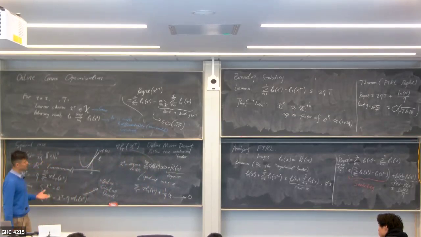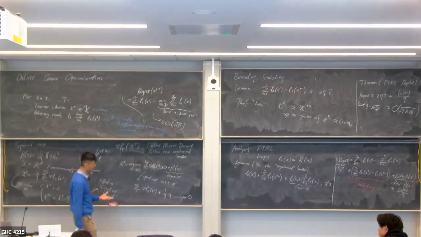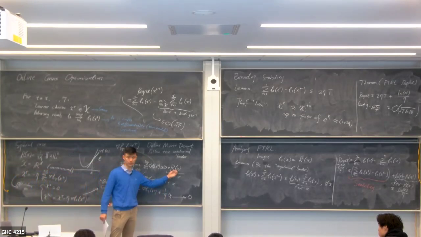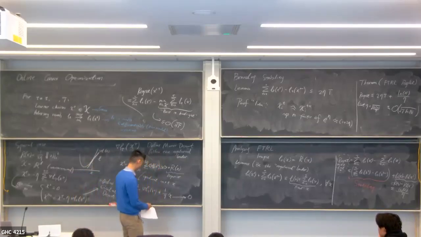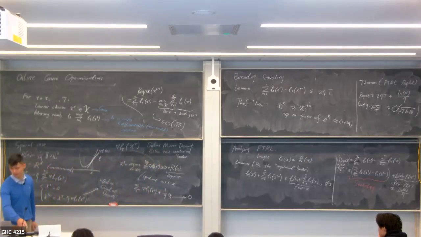For other settings, like more general convex loss functions, one choice of regularizer is the L2 norm squared. And in certain cases, you also get a regret bound.